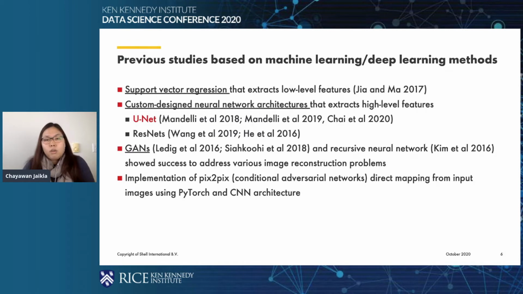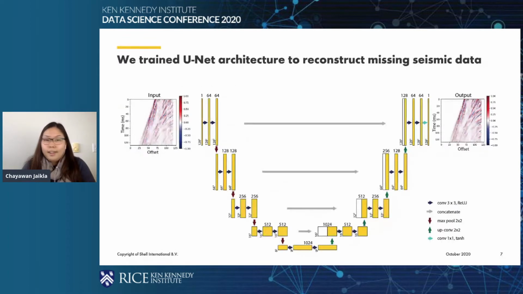We chose to investigate the UNet architecture to train the reconstruction model, as UNet has been successfully applied in multiple applications in the field of computer vision. Here is the UNet architecture that we used. UNet is a convolutional neural network that was developed for biomedical image segmentation, and it has been applied for image segmentation in different fields.